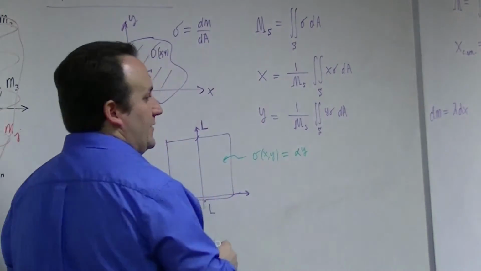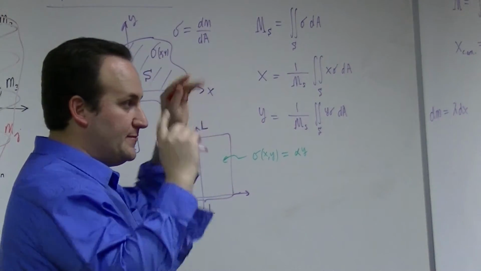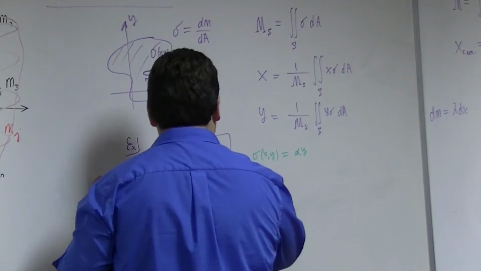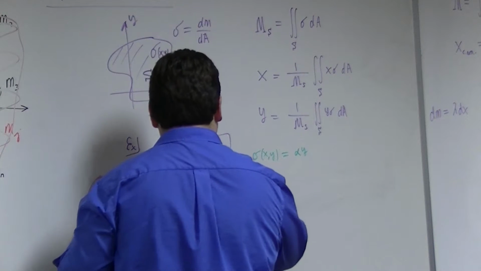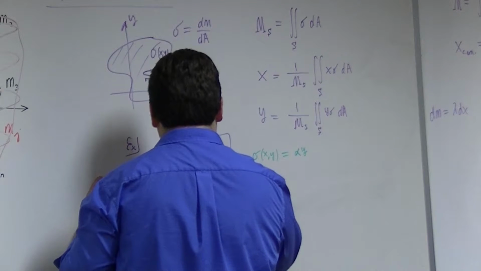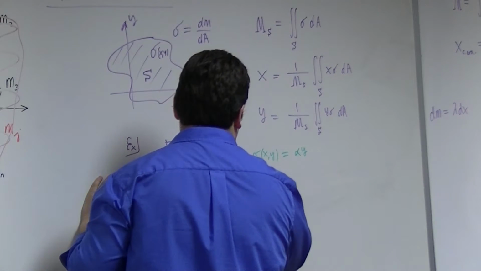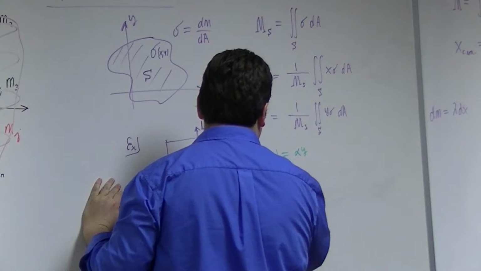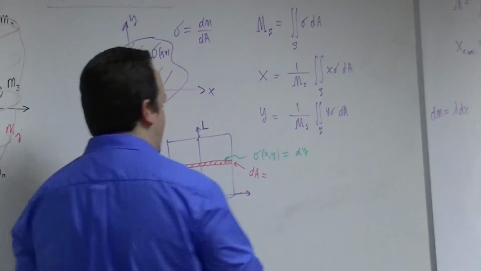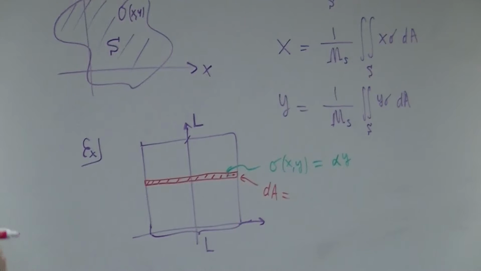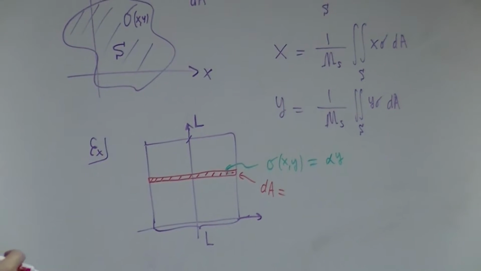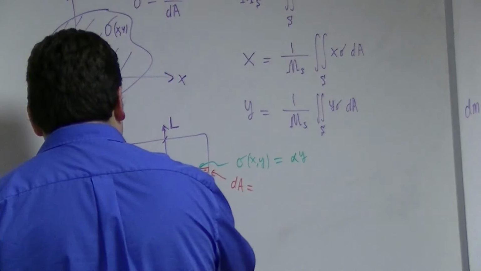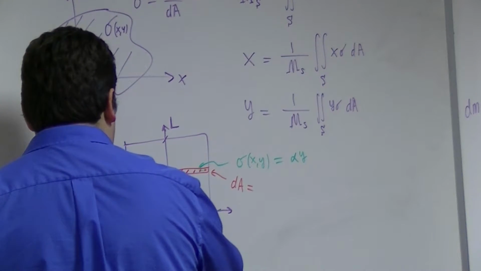So what I would do is chop it up into pieces that I could handle. Basically here's a piece I can handle like this. What's dA for this? Take it back to Calc 1, what's dA? The height of the strip is dy, right?